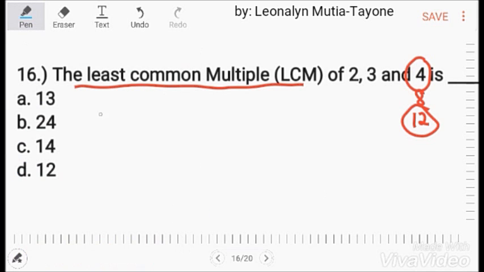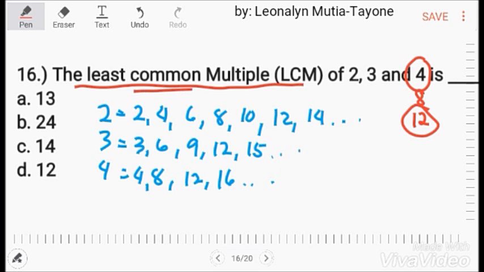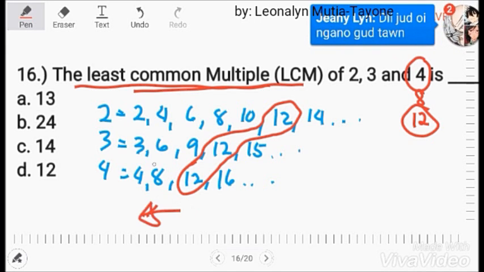Another way is, ilatag lahat ng multiples nila, 3, 2, 4. Common multiple nila, we have 12. Yan yung pinaka-least multiple nila.